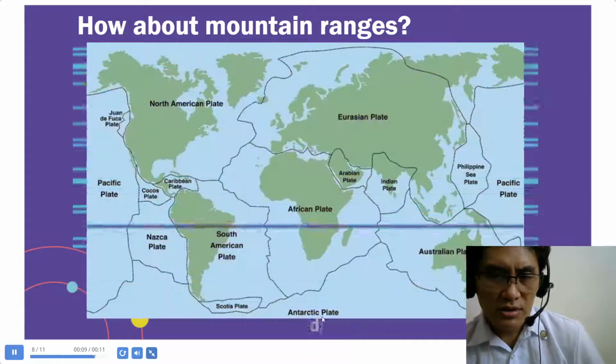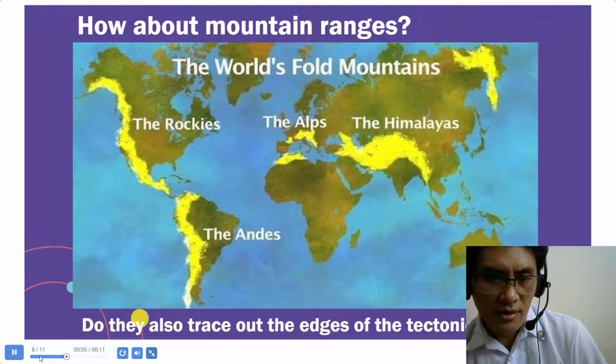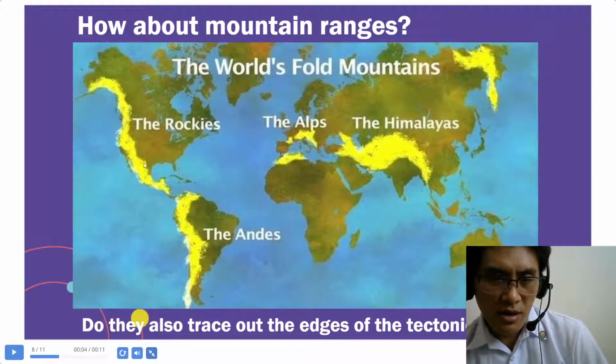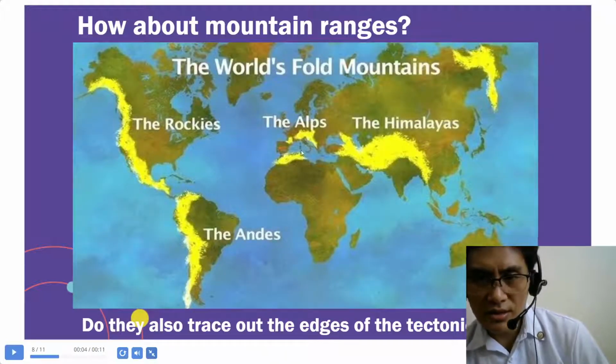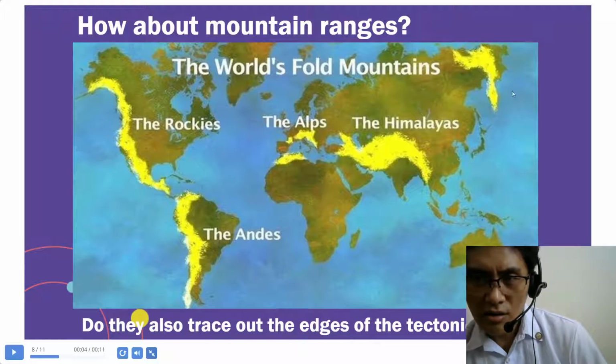And then if you notice, do they also trace out the edges of the tectonic plates? Well, let's see. That is the edge of North America, the edge of South America, and then this line is somehow cutting the two landmasses, the African landmass and the Eurasian landmass, and then somewhere here on the edge.